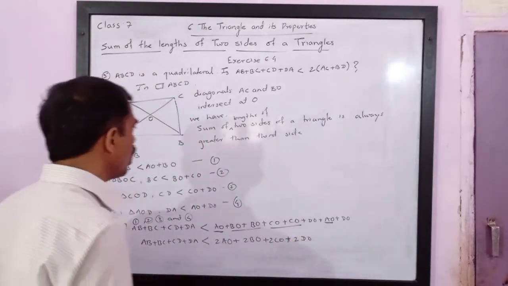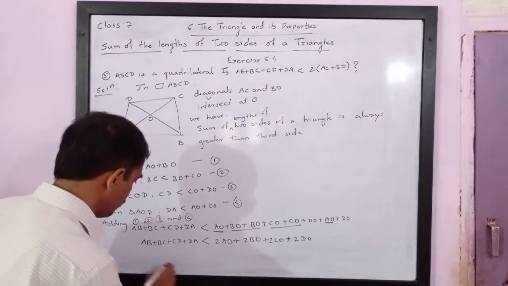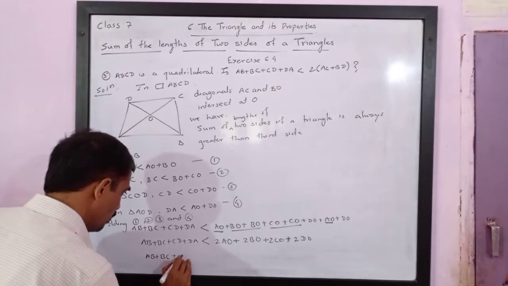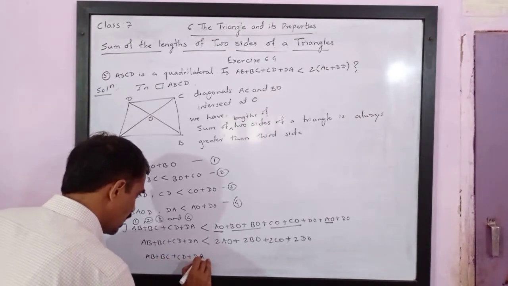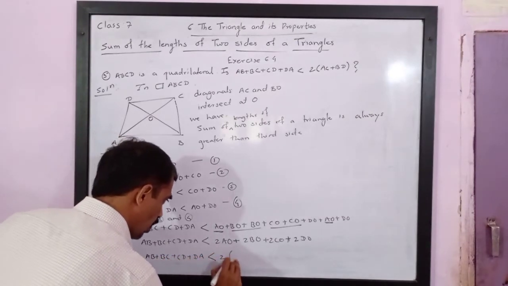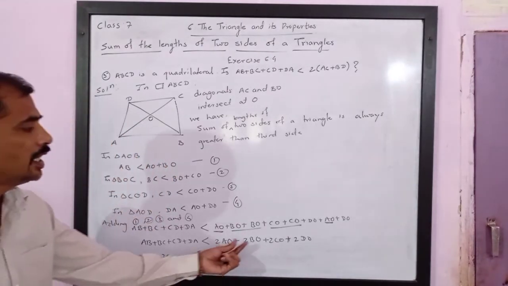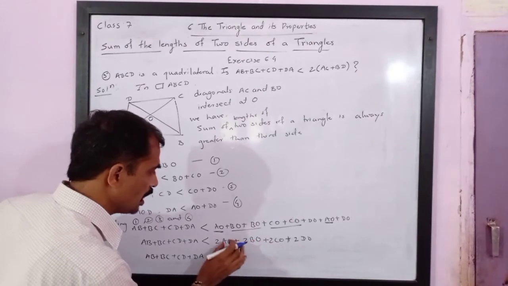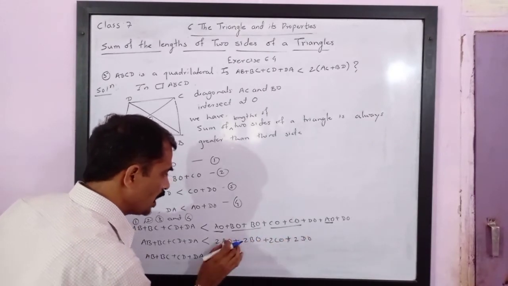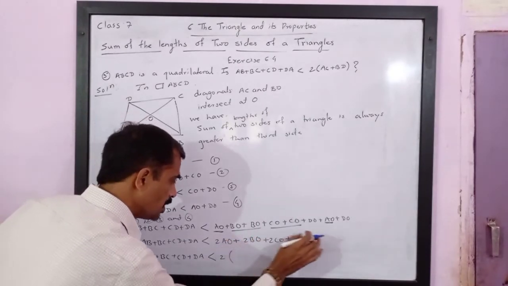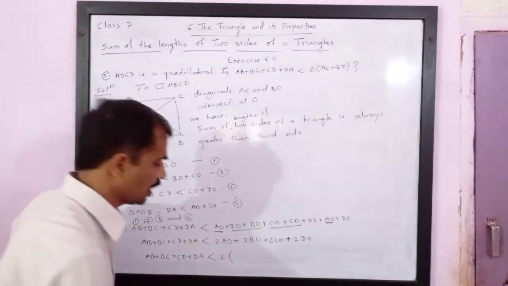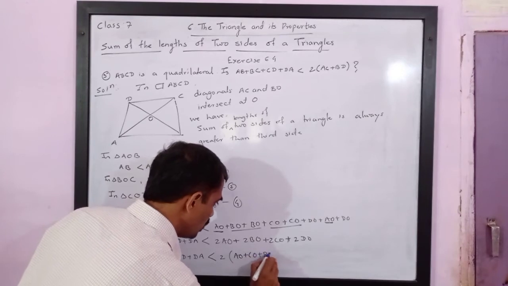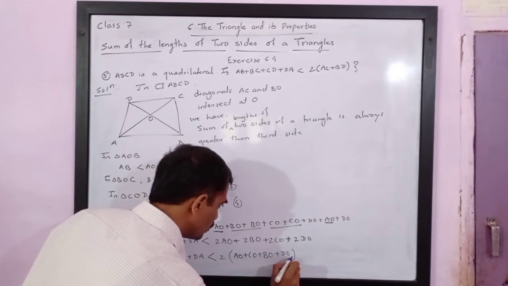Now if you take 2 common, I am rearranging the terms. Instead of AO plus BO plus CO plus DO, I am writing AO plus CO plus BO plus DO, only rearranging the terms.